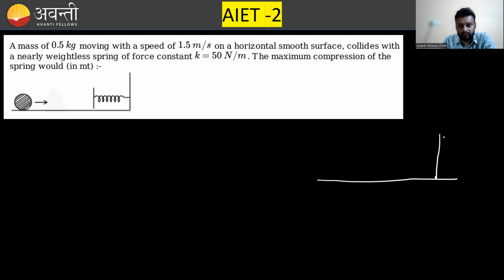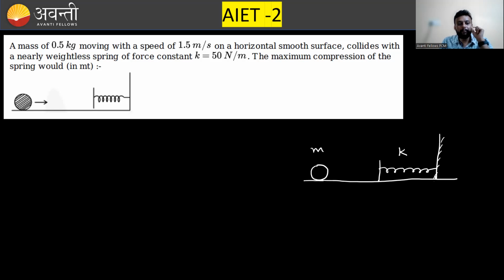This is the surface. There is a spring. This is the ball. Its mass is m, let's suppose. Its constant is k.